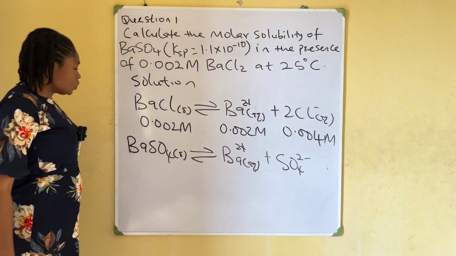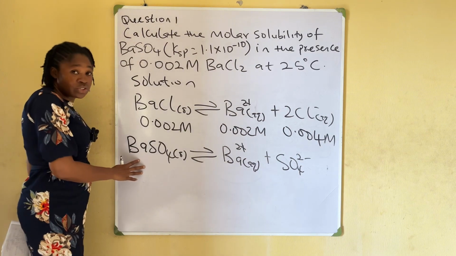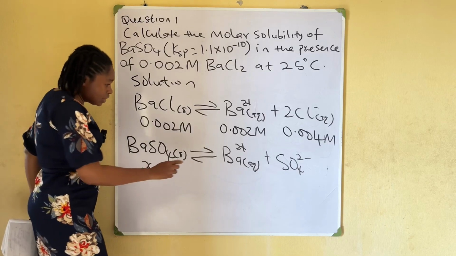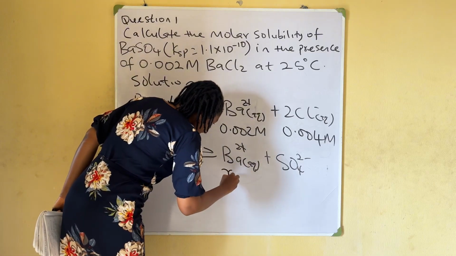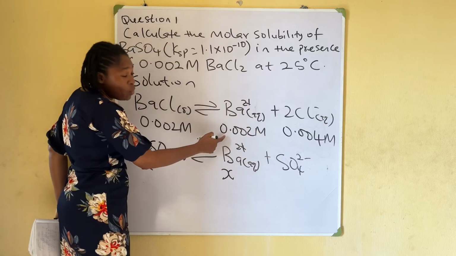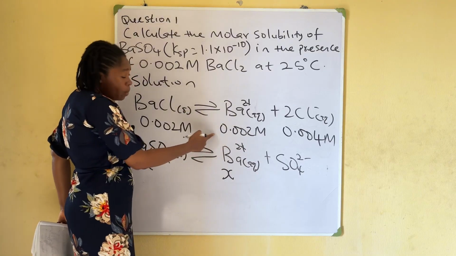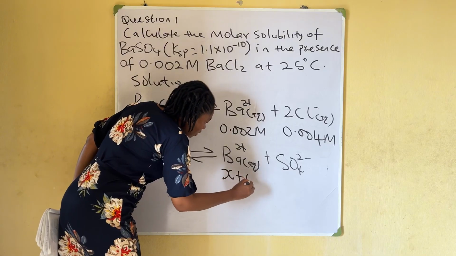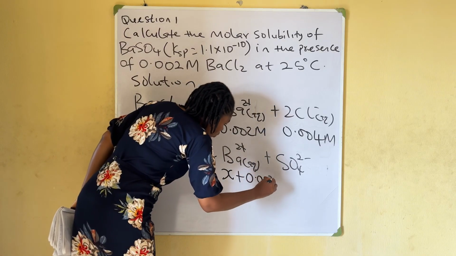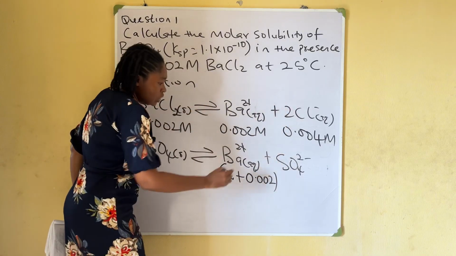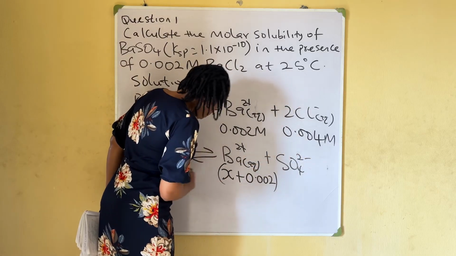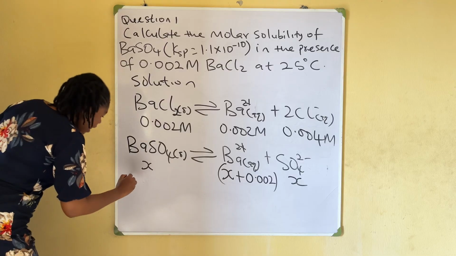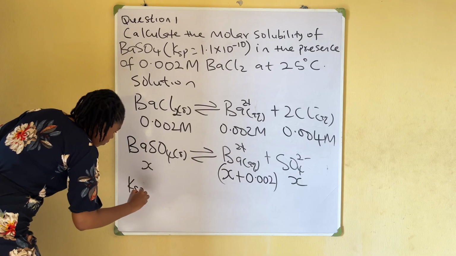We don't actually know the concentration, so let it be S. If it's S, barium ion will be S plus this additional barium ion from barium chloride, so it will be plus 0.02. Sulfate ion is also 1 mole, so put it S. So let's write Ksp for this.